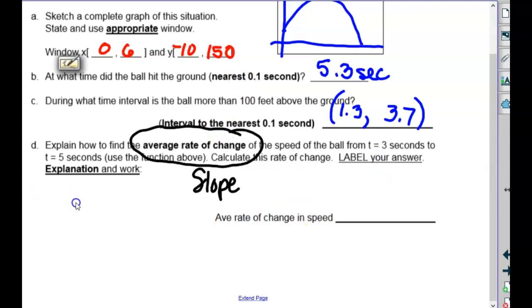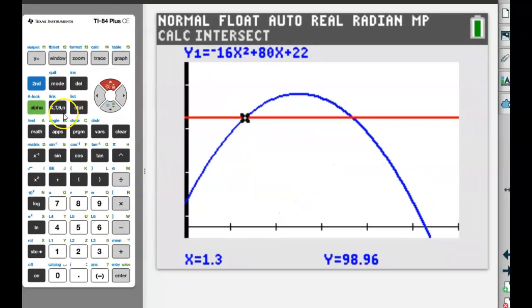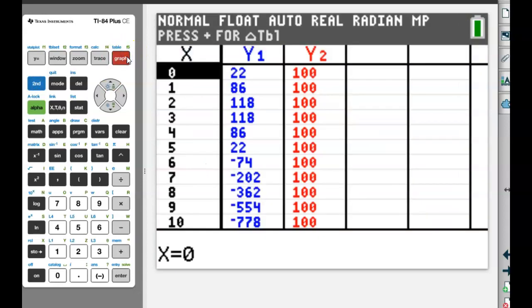From 3 seconds to 5 seconds. So basically you're going to put in a 3 and see what you get out, and put in a 5 and see what you get out. You could do that from the home screen. You could do it from the trace. That would be a whole bunch of wasted time. But you could go to the table.